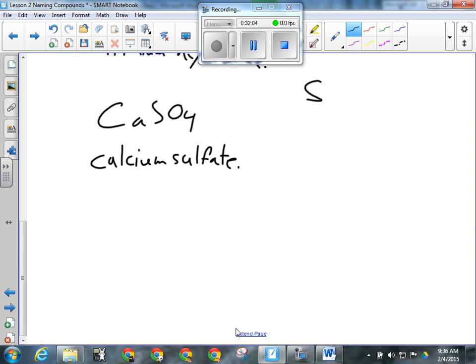What if I'm given the name, and I need to make the formula? So let's try. Let's say I need to make the formula for magnesium hydroxide. So what's the symbol for magnesium?